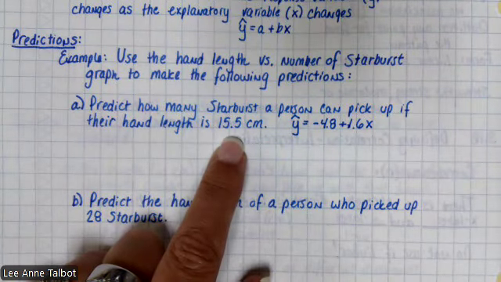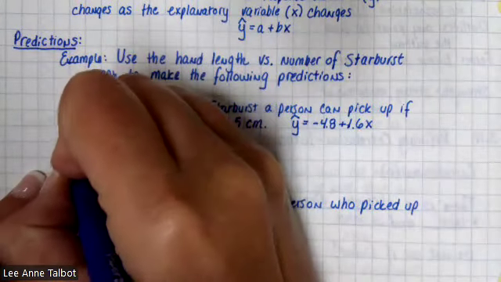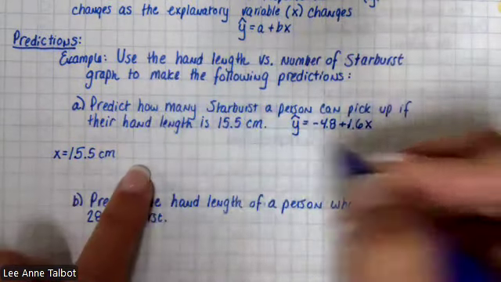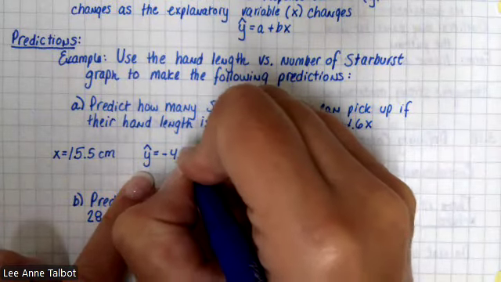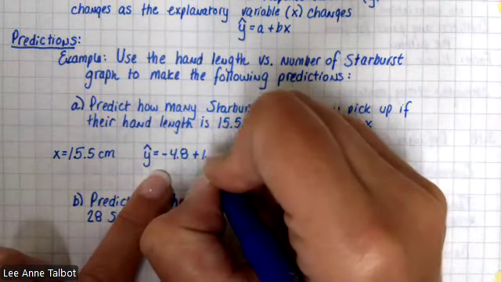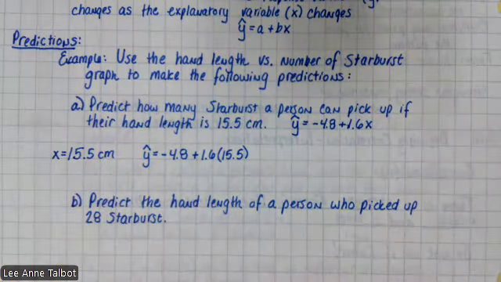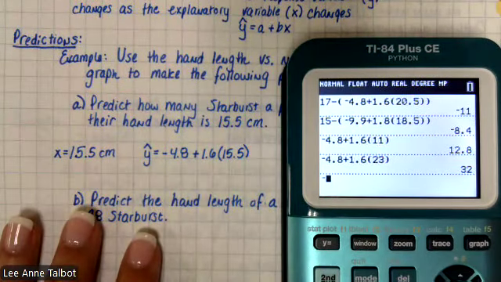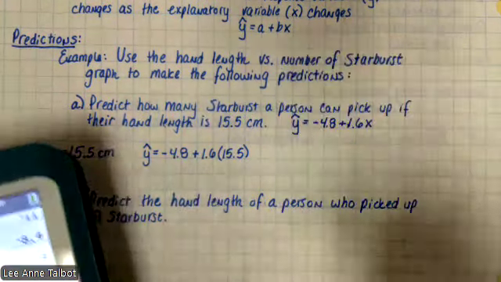Look at your graph, look at the labels. Yep, X. So we just plug it in. Y hat equals negative 4.8 plus 1.6 times 15.5. Oh, came out nice.